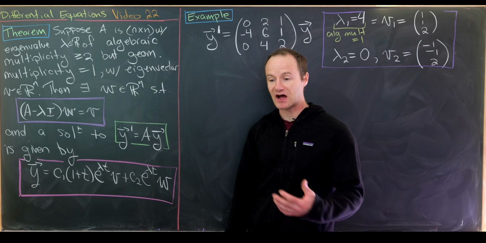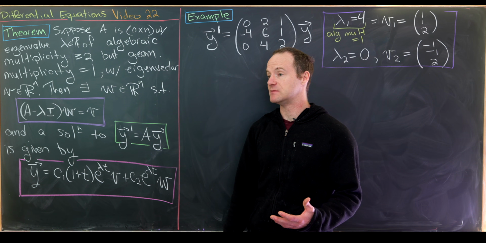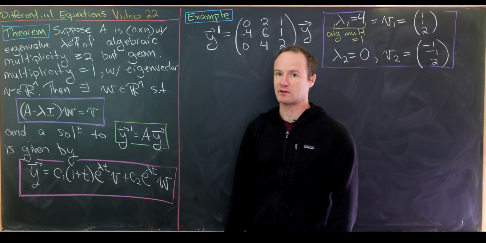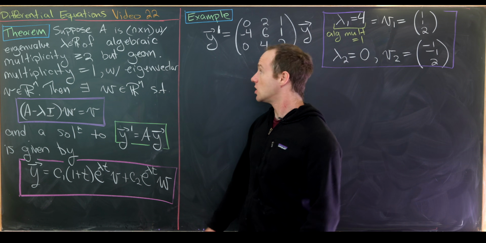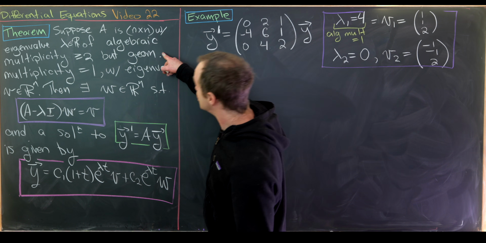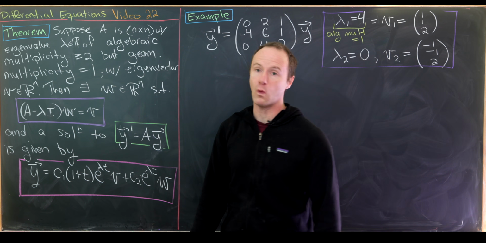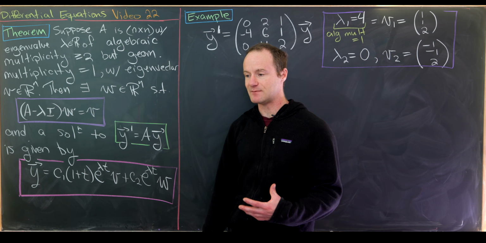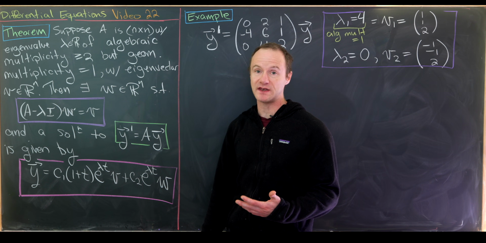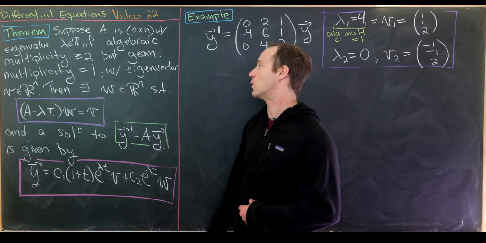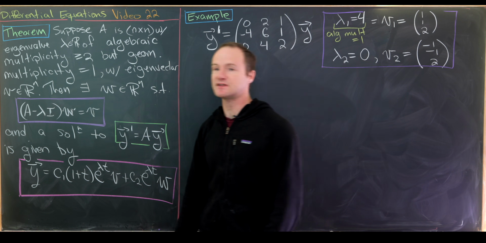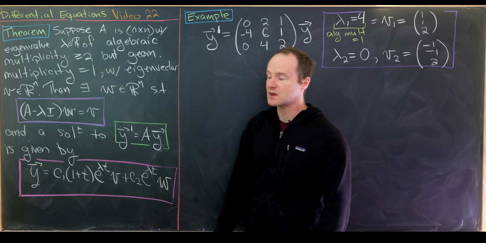When I say algebraic multiplicity, I mean that it is at least a double root of the characteristic polynomial. But let's also suppose that it has a geometric multiplicity of 1. By a geometric multiplicity of 1, I mean the eigenspace is one-dimensional, so it's spanned by one vector. And let's say that eigenvector is V, which is a vector in R^n.